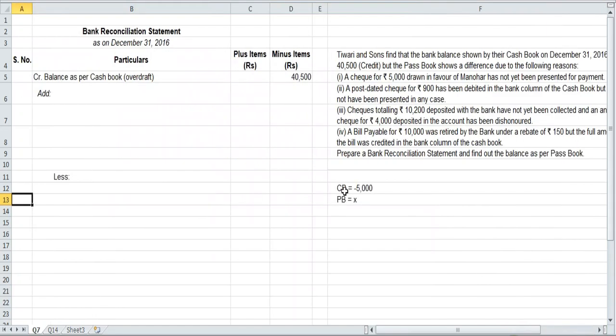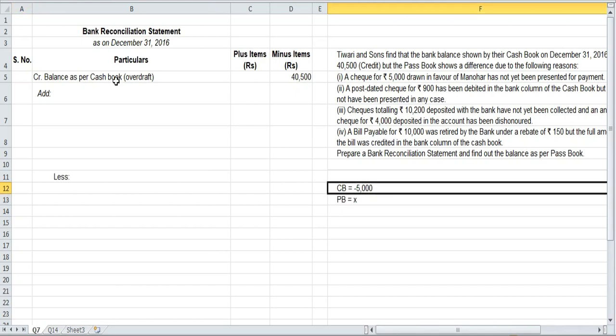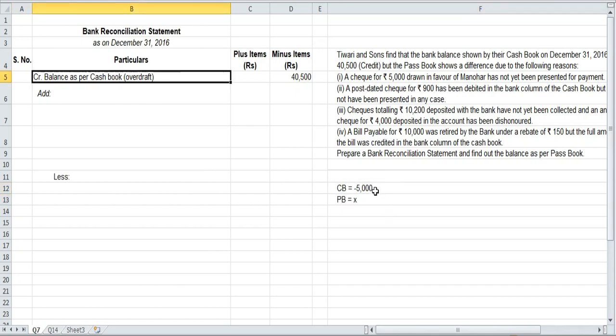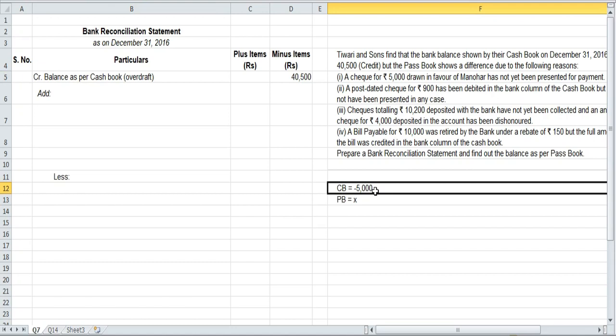So here we have to move the cash book. Cash book is less by 5,000, and you have to move and match with the passbook. Passbook is up by 5,000 because still no money is taken out, but from the cash book you have drawn money in favor of Manohar, and it has not been presented for payment in your passbook. So your cash book is down, so you have to bring it up to the passbook.